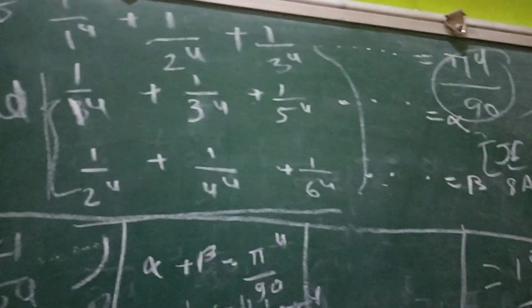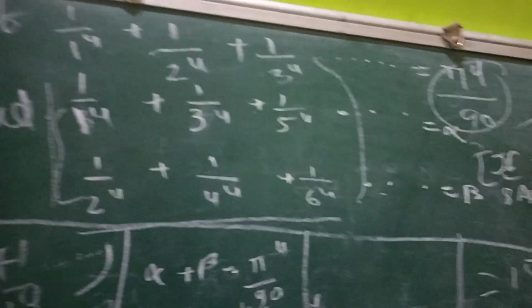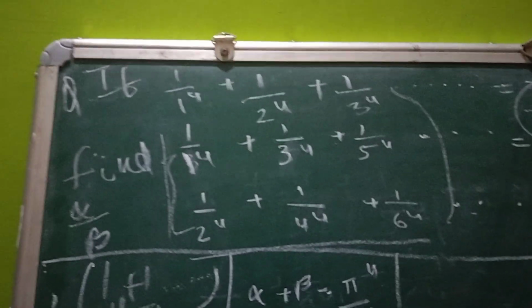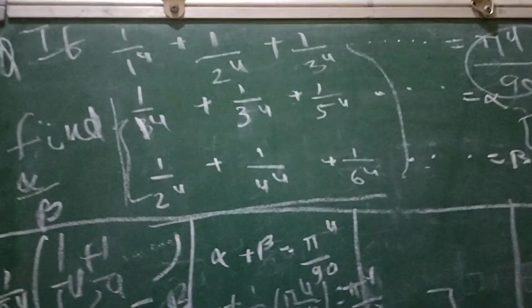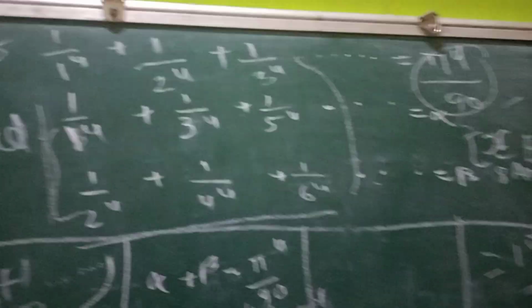So I know that this question is from sequence and series. I have solved it once, though without checking the solution, but I have solved this question once, so I know what is the right approach. And also pi to the 4 upon 90 is the most confusing part.